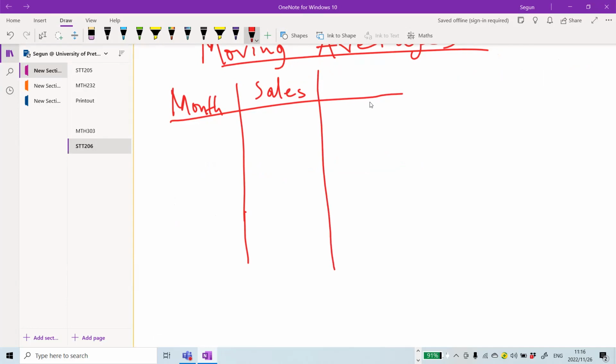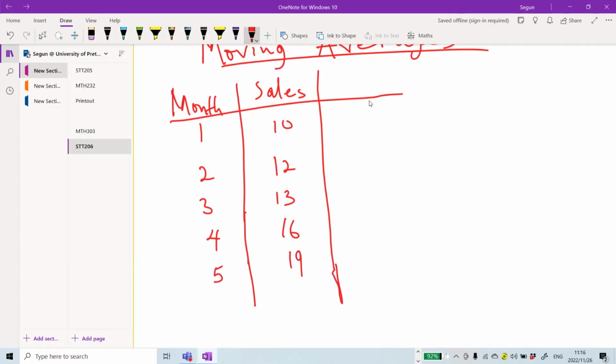Under the month, let's say first month we have 10 sales. Second month, 12 sales. Third month, 13. Fourth month, 16. Fifth month, 19. Sixth month, 23.